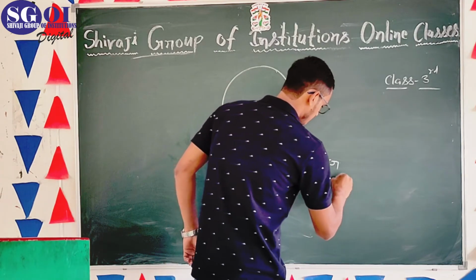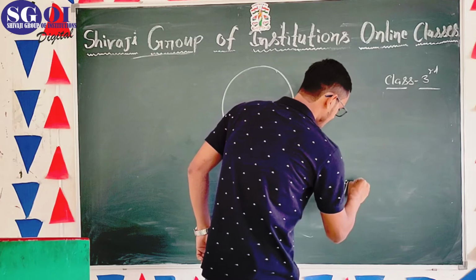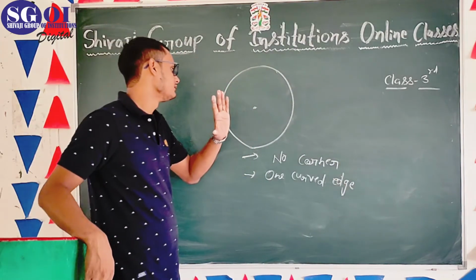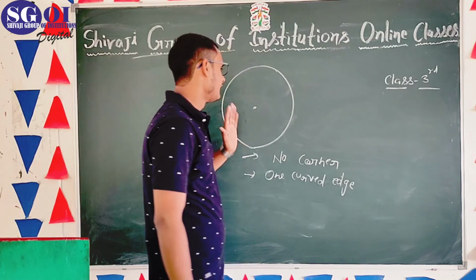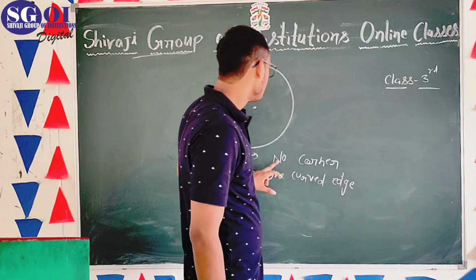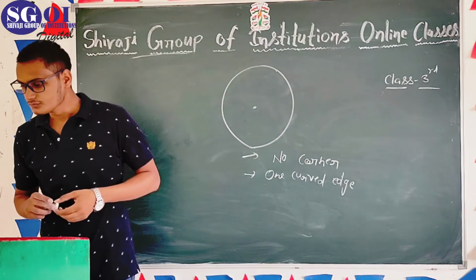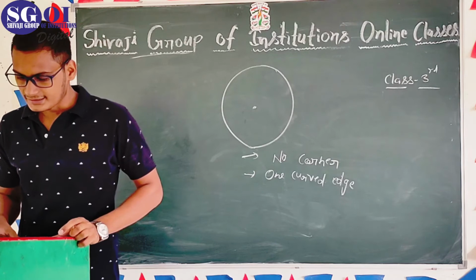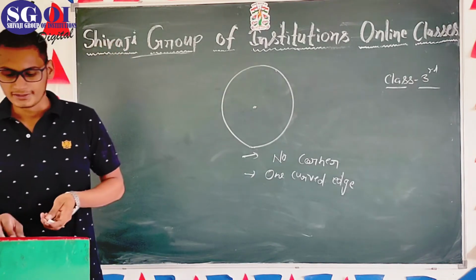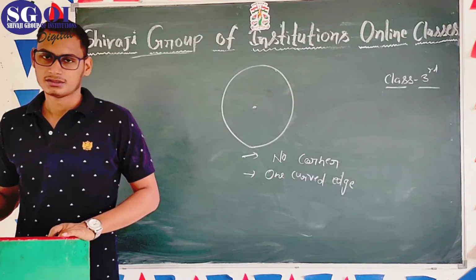Circle has no side, circle has no corner, and circle has one curved edge. Understood? So students, these are the geometrical shapes which we have learned in our previous class.